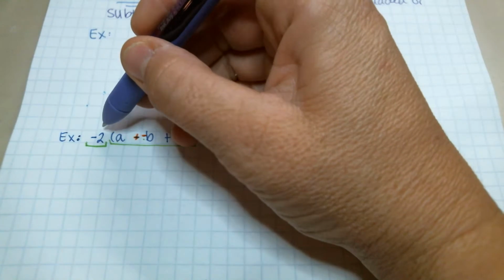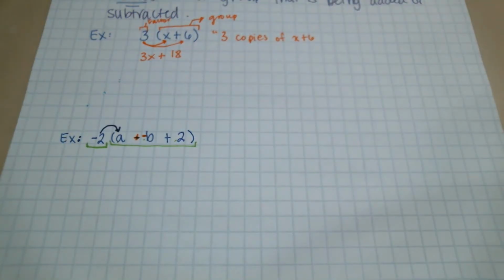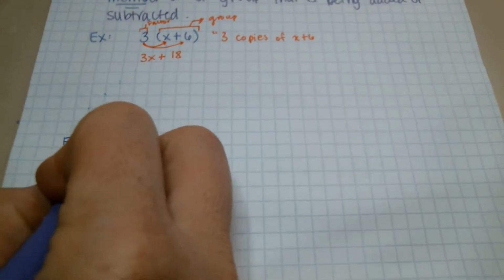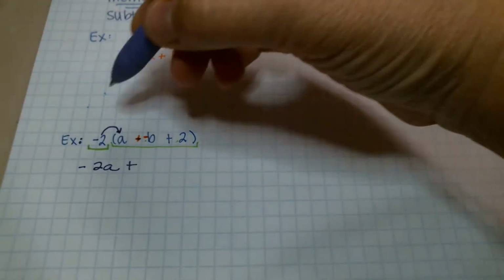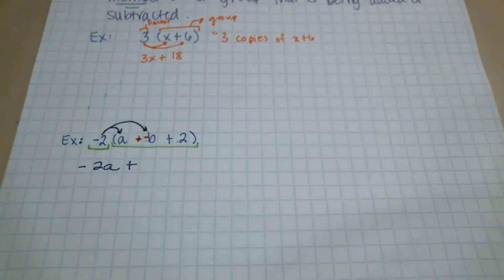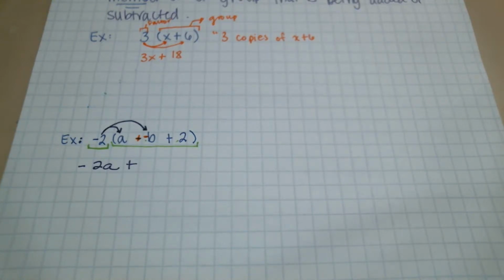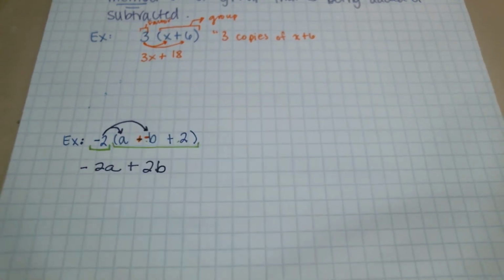All right, so let's distribute this. So I'm going to take negative 2 times a, which is negative 2a. And then I'm going to write a plus sign, and then I'm going to take negative 2 times negative b. Now don't forget that a negative times a negative is a positive. And then 2 times b would become 2b.